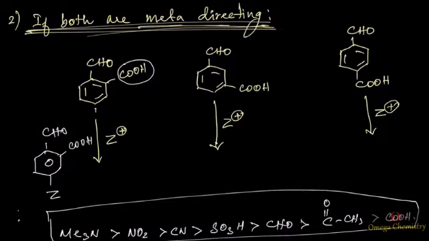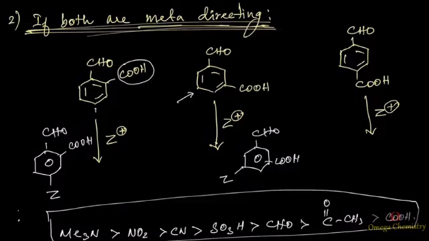When it comes to the second case, aldehyde and acid are at meta position to each other, which means there is only one favorable position, which is meta to both the groups. So that will be preferred. Here there is no problem, because the directing effects are reinforcing a particular position. So your COOH comes here and the Z group will attach here.